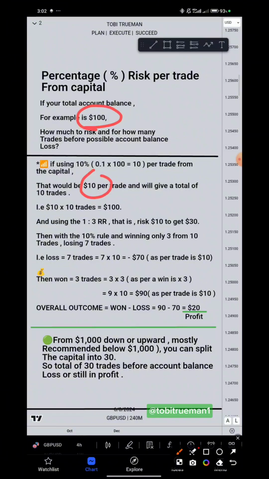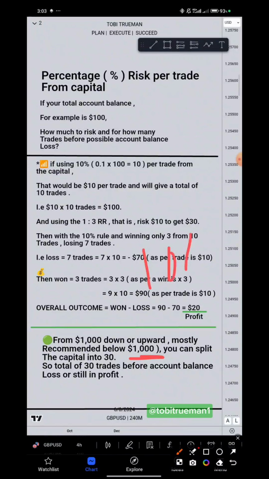Now, if you have $1,000 and you are risking $100 per trade, even if you are confident with this strategy, there might be an issue with you willing to take some trades because you'll be afraid. Probably you have run seven or six losses, and you might be afraid to take the next trade. So if you have a $1,000 account, you can split your account balance into 30.